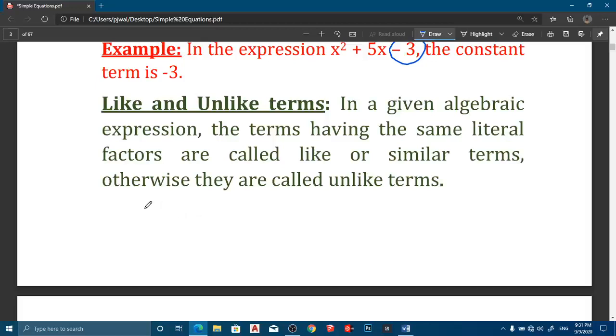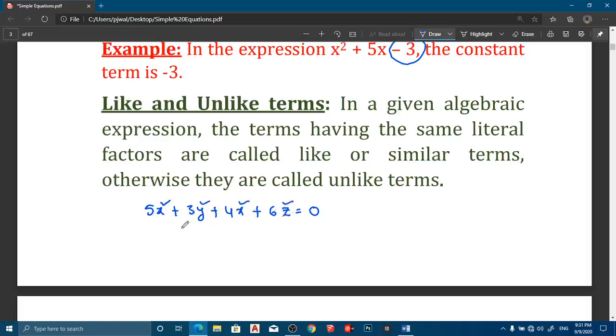For example, if I take 5x plus 3y plus 4x plus 6z is equal to 0. Observe here: the literal factor of 5 is x, the literal factor of 3 is y, the literal factor of 4 is again x, and the literal factor of 6 is z.